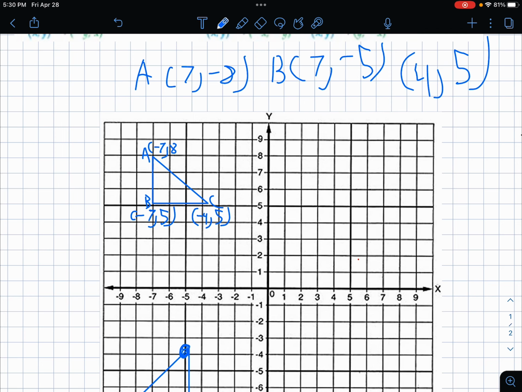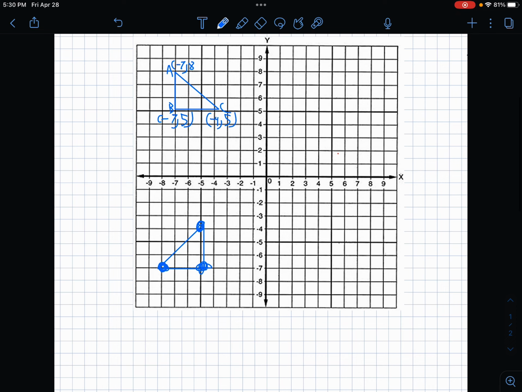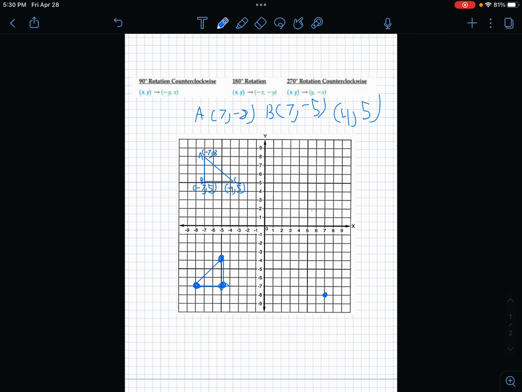So let's see, 7, -8, right there. Then 7, -5, right here. And then for C, it's just going to be 4, 5.